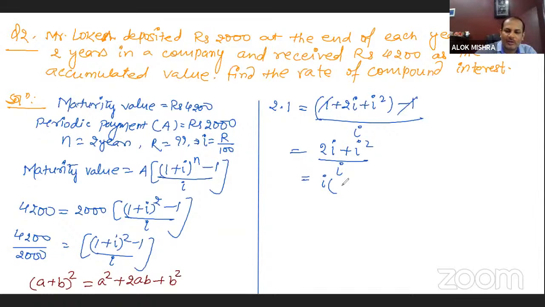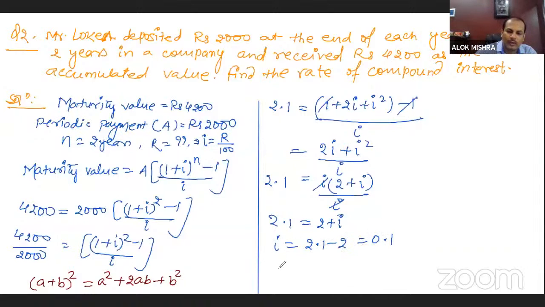If I take I common, I get 2 plus I upon I is equal to 2.1. Now this I and I also get cancelled. So 2.1 is equal to 2 plus I. Therefore I is equal to 2.1 minus 2, which is equal to 0.1. Therefore I is equal to 0.1 into 100, which is equal to 10%.